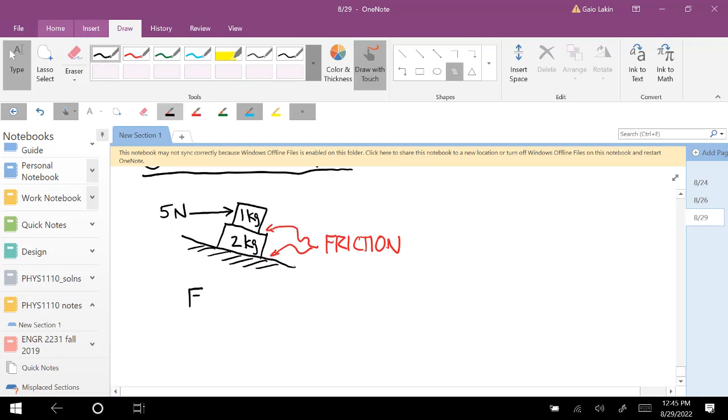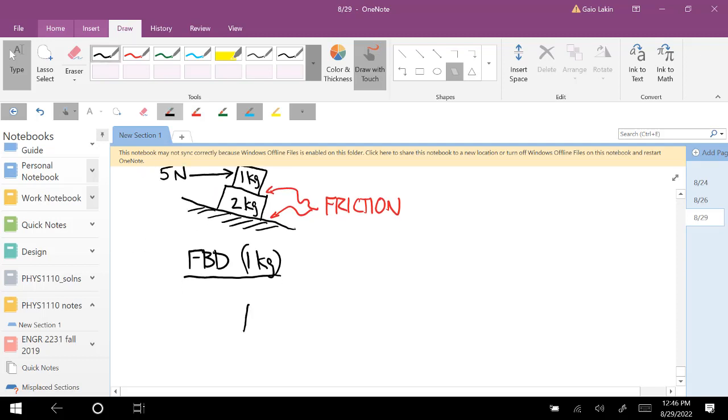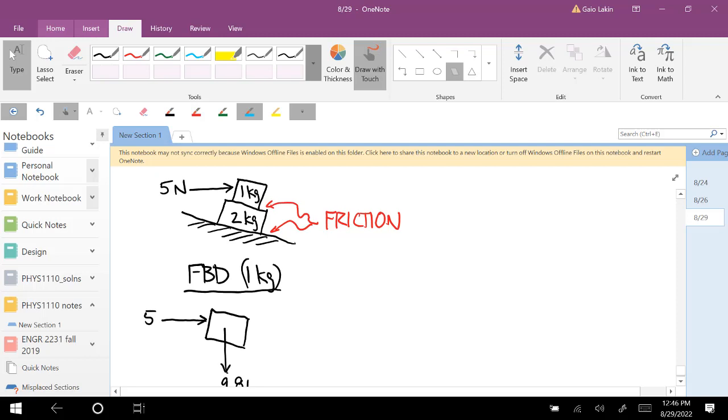Okay, so a free body diagram of the 1 kilogram. There's a weight force of 1 times 9.81. There's the 5 Newton force. And then there's a friction contact between the 1 and the 2.